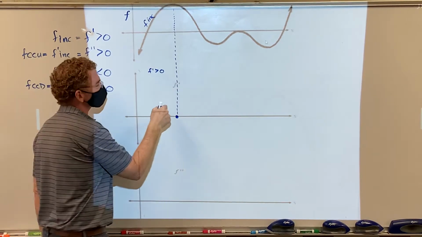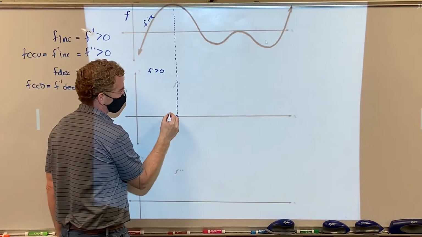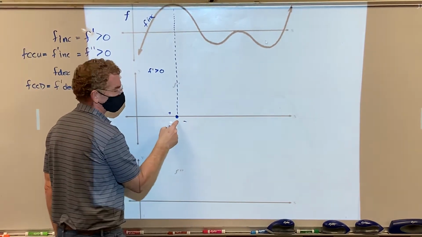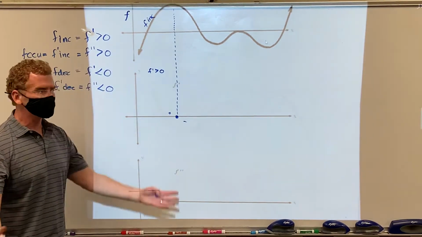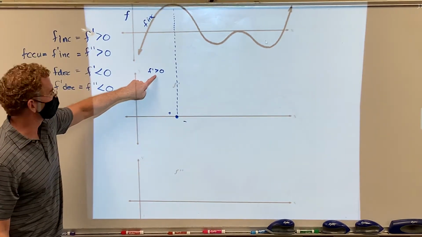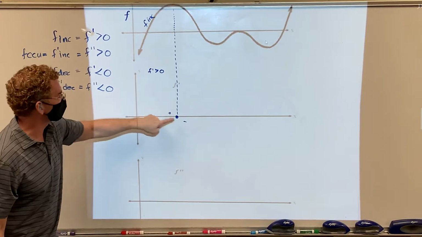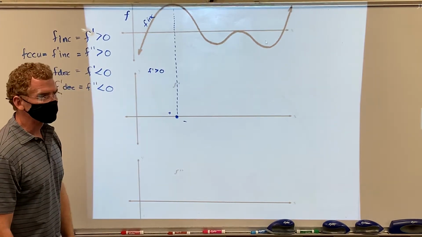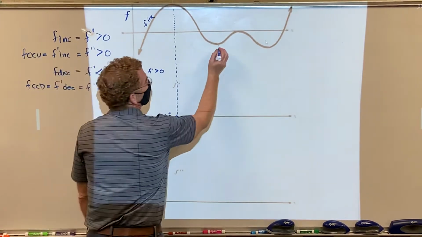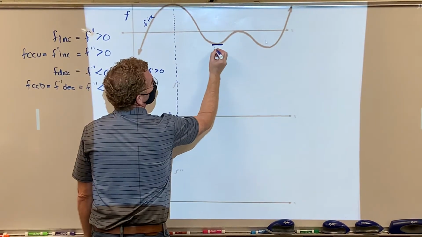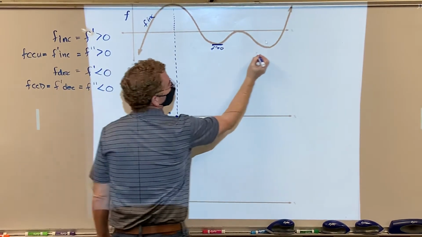So that means this derivative curve has to go from the positive side to the negative side right here. Which makes sense, because I know the derivative is positive up here, and I know it's negative right there. So one thing I like to do right off the bat is look at where all these slopes are 0, all these derivatives are 0.